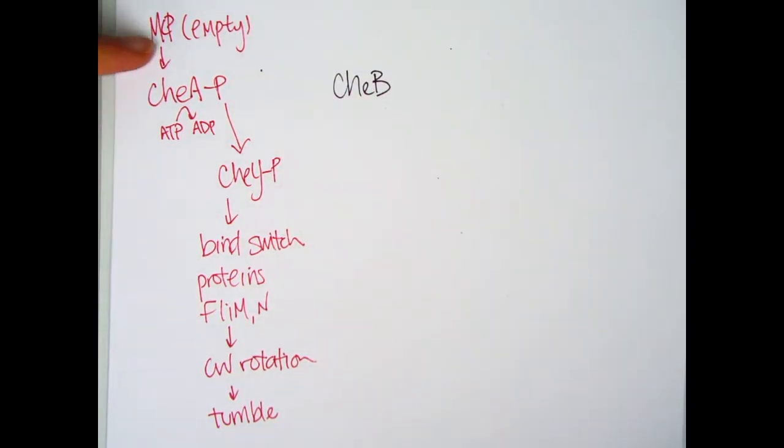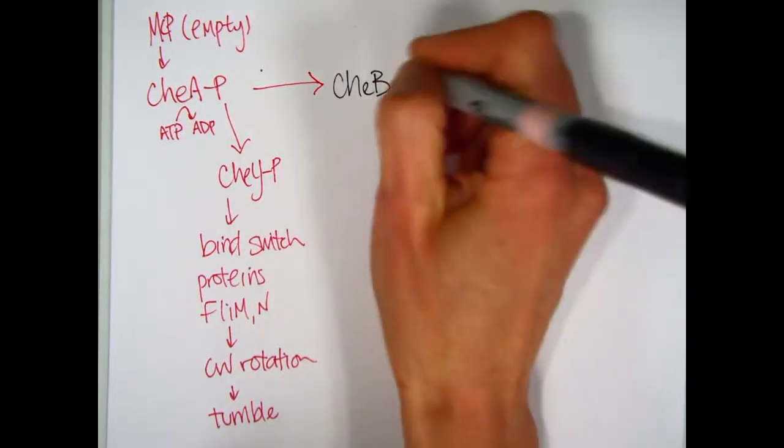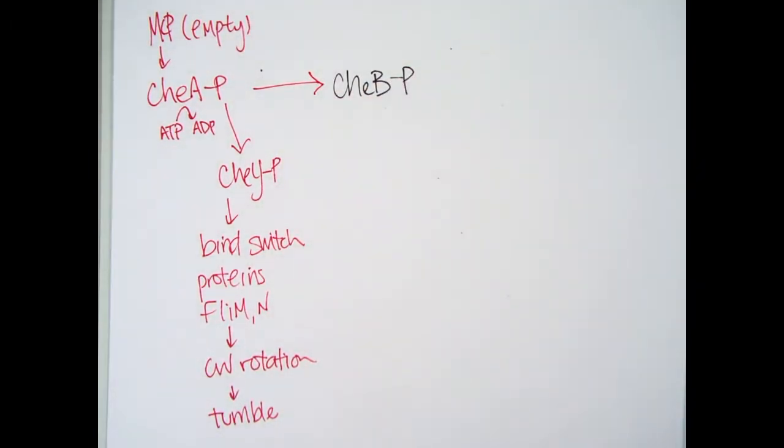If the methyl-accepting chemotaxis protein is empty, then we get CheA autophosphorylated. In addition to activating the tumble, the autophosphorylated CheA will give us a phosphorylated CheB.